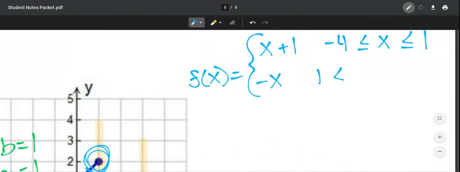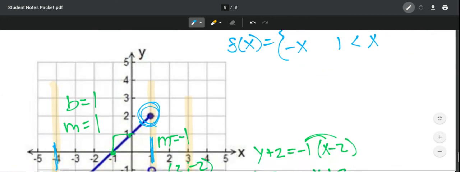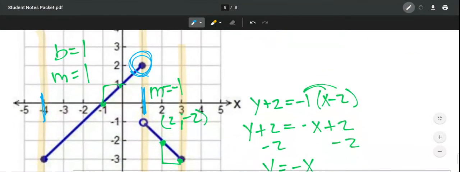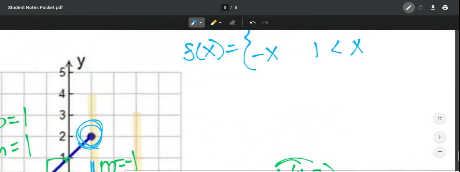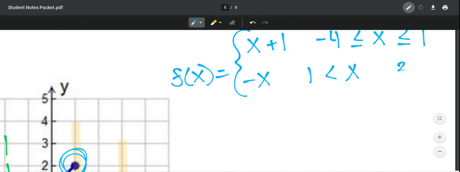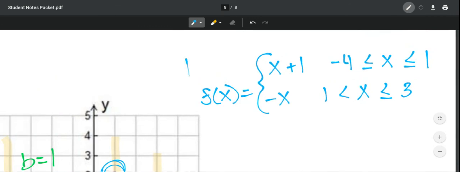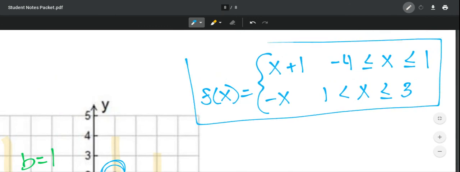So that means x is greater than 1, but not equal to. And then it goes till 3, and it is closed. So that is my piecewise equation.